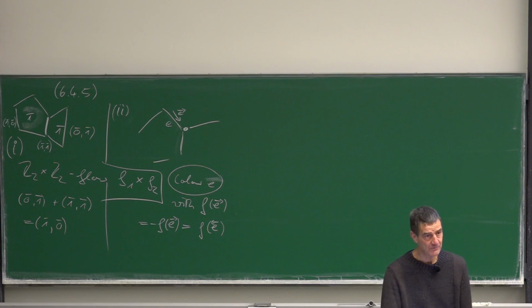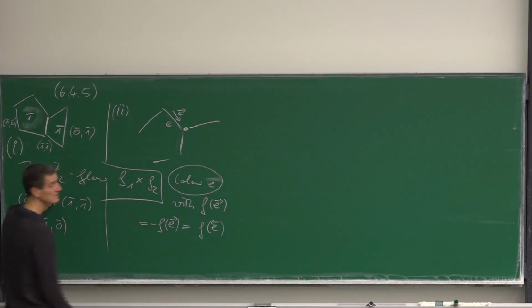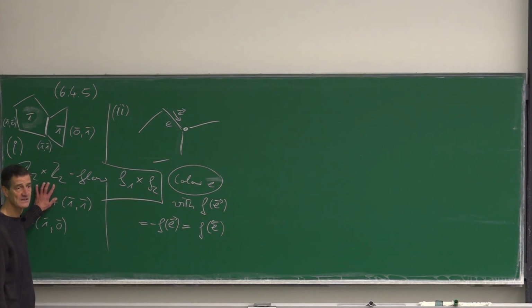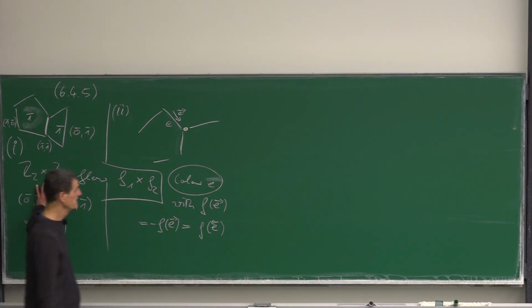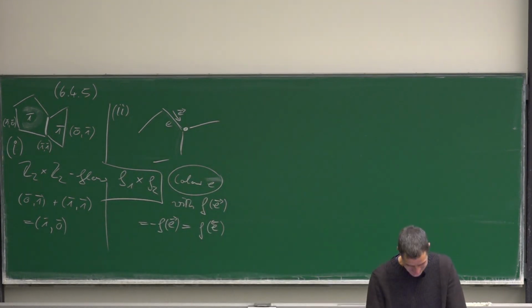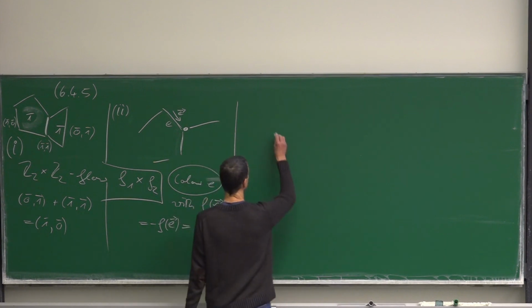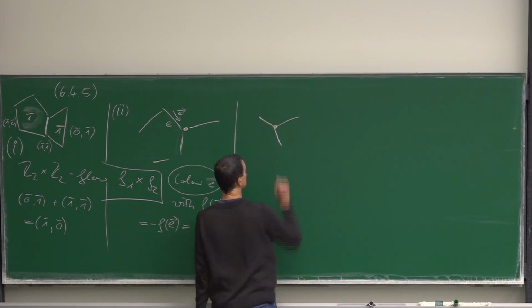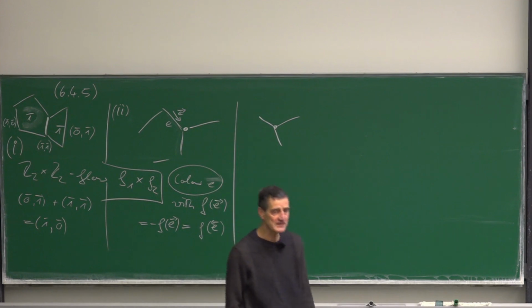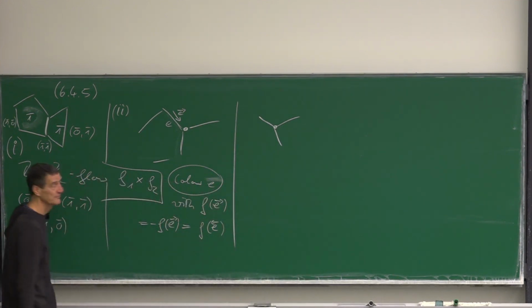So we use the 3 non-zero elements of this group here as colors, as flow values. First as colors, then as flow values. So we have a 3-coloring, but we can use our color pot, right? So it doesn't matter whether we color with red, blue, and green, or with 1, 2, and 3, or with the 3 non-zero elements of this group. And that's what we do.